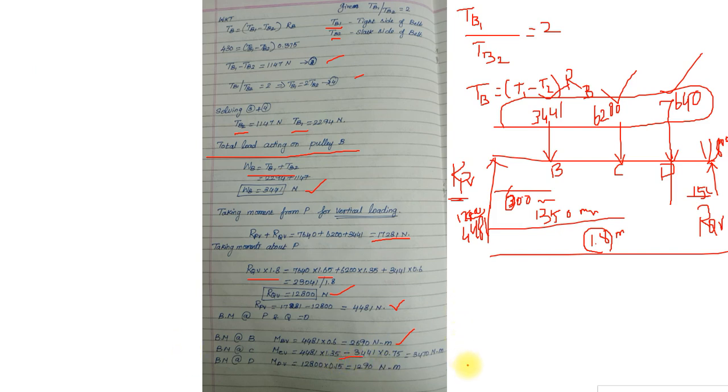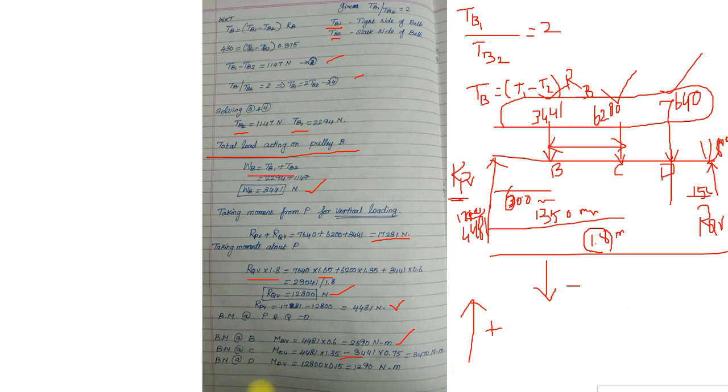See here, I have used this as a positive sign and this as a negative sign in finding the moment here. So 4481 into the distance from P to C, 1.35, minus 3441 at a distance of 0.75. This is how I find the moment at C.